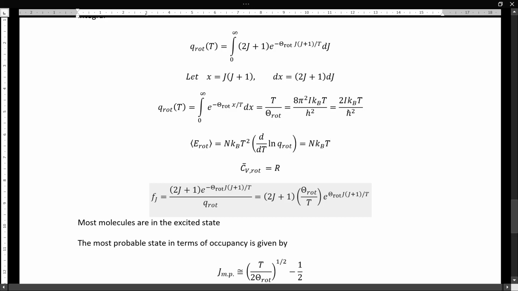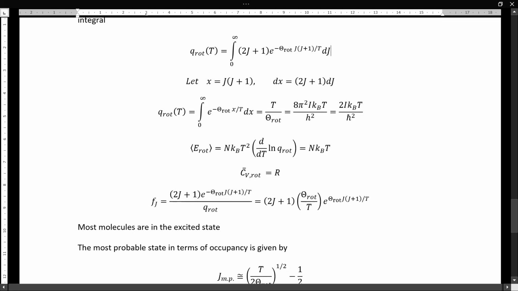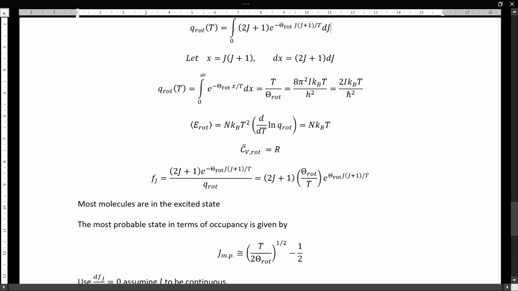This is nothing but this fellow divided by Q, and Q I already know, it's T by theta rotational, so I can put all that in and get F_j. And since I get these values, I know that most molecules happen to be in the excited state.